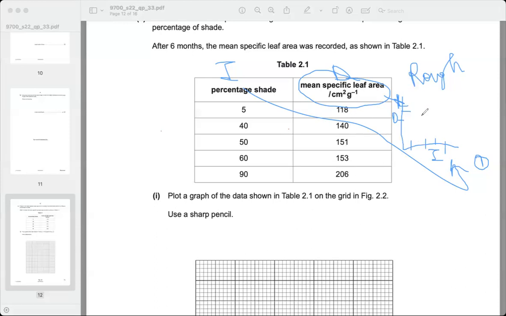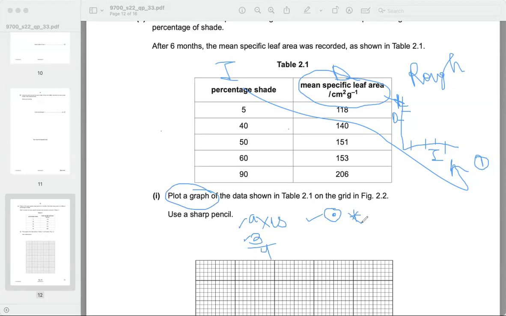When you are drawing your graph, it always says plot a graph right here. So first thing is always draw your axis in the right manner. Second, your graph should be big enough that it covers 3/4 of the space. The next point is to mark your points with a circle around it, or mark it as a star.